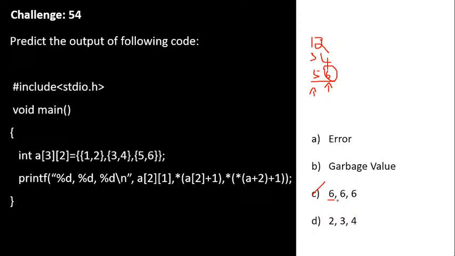So that's why 6 is printed. Next, A plus 2. A plus 2 is nothing but array A plus 2, so it will again point at 5, plus 2 plus 1, so it will point at 6. So the value at A plus 2 plus 1 will again be 6. So these are different ways I can access the value of a 2D array.